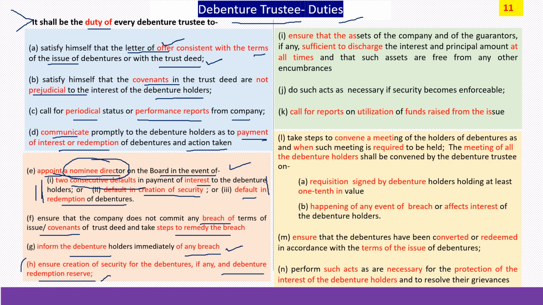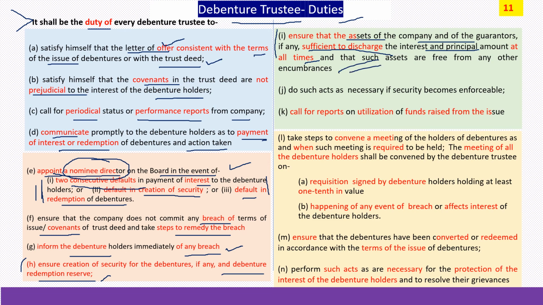And he should always have a look at the assets of the company, because they are the basis for them to have safety of repayment later. And he should always ensure that the company and the assets that they have given are sufficient to discharge the principal and interest at all times, and they are not pledged again to someone else.